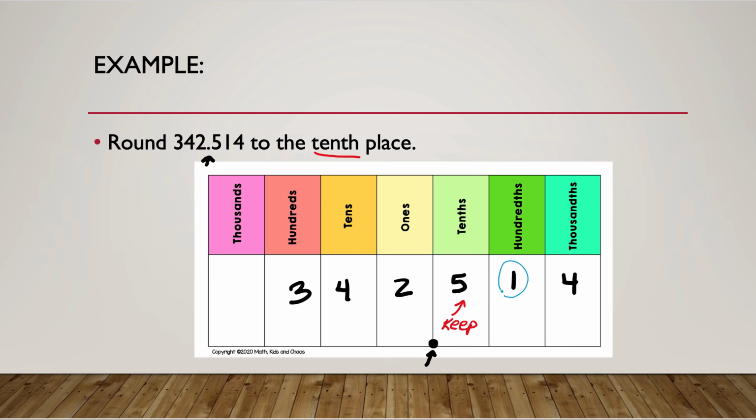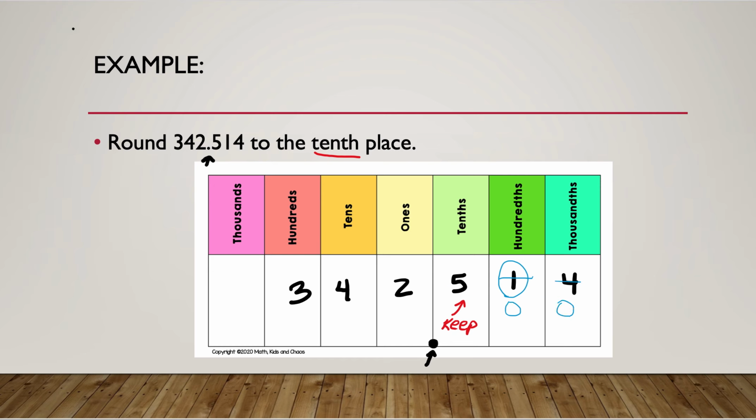So this number is a 1. So remember, if that number that I circled in blue is less than 5, then the number in the keep place stays the same. That's the case that we have here. And then remember that every number past that turns into a 0.